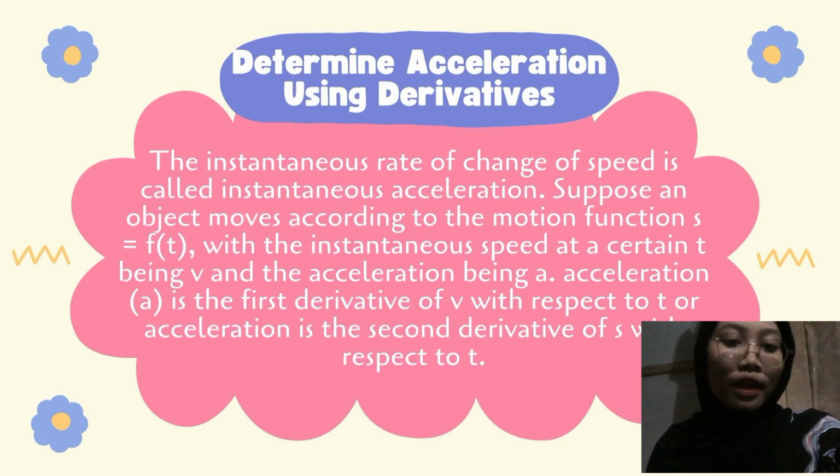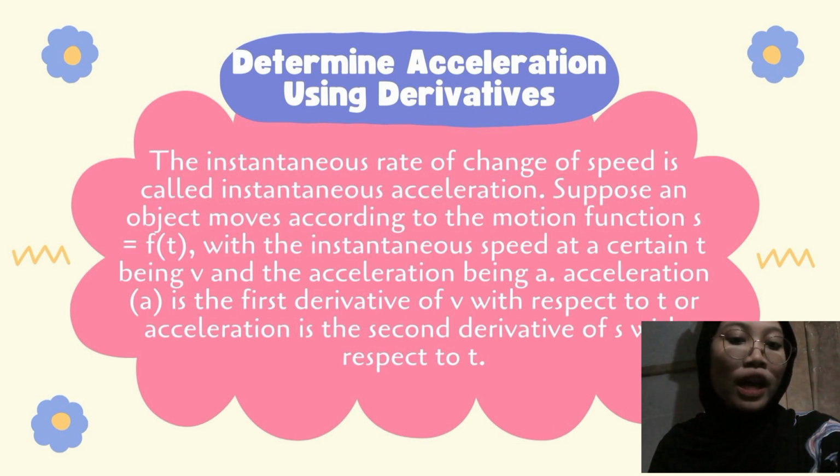And next, determining acceleration using derivative. The instantaneous rate of change of speed is called instantaneous acceleration.